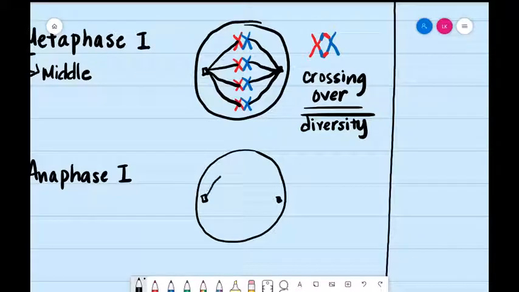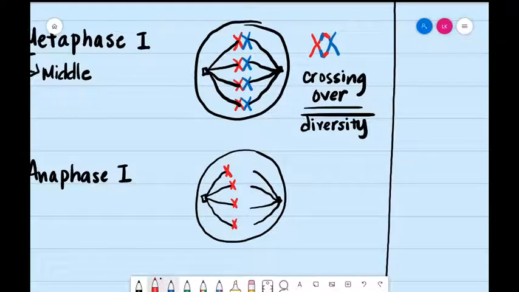Now you've got our lovely spindle fibers. They are attached to the chromosomes, but they have pulled the buddies apart, which actually makes me a little bit sad.